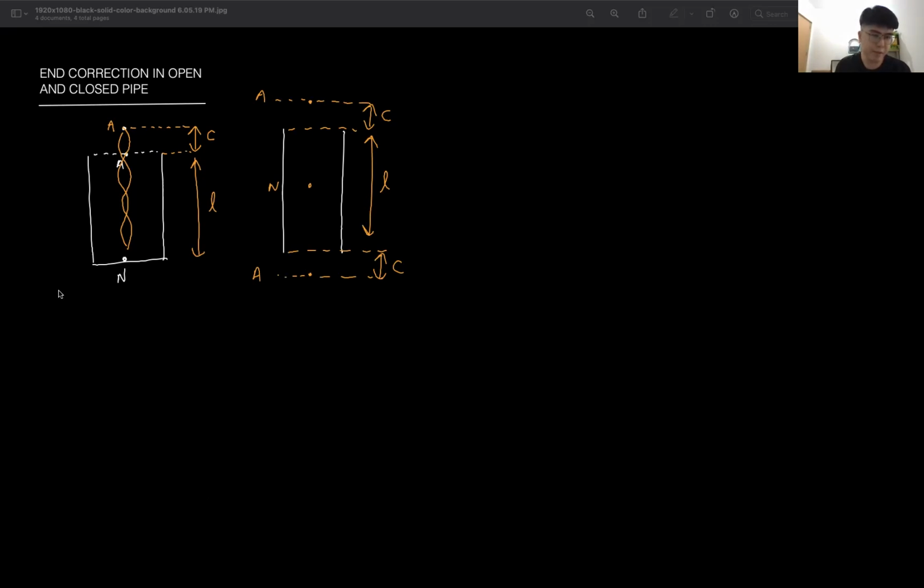Previously, for the closed pipe, we wrote L equals lambda over 4, that is if I do not consider the end correction. But if I consider the end correction, then I have to write L plus the end correction equals lambda divided by 4.